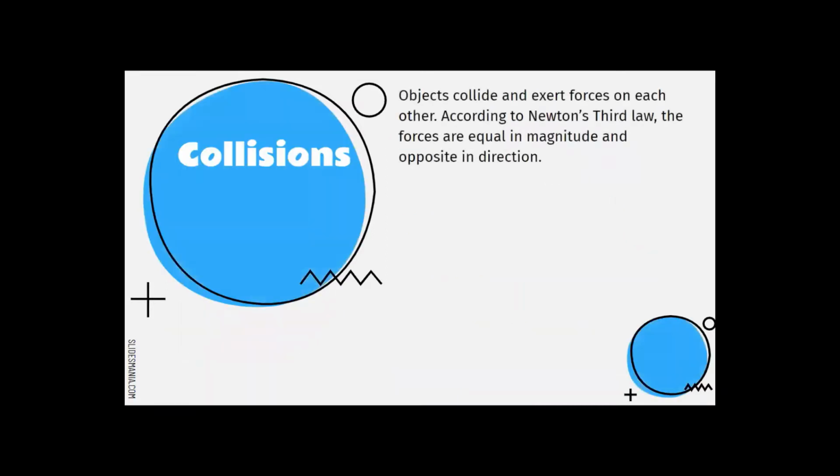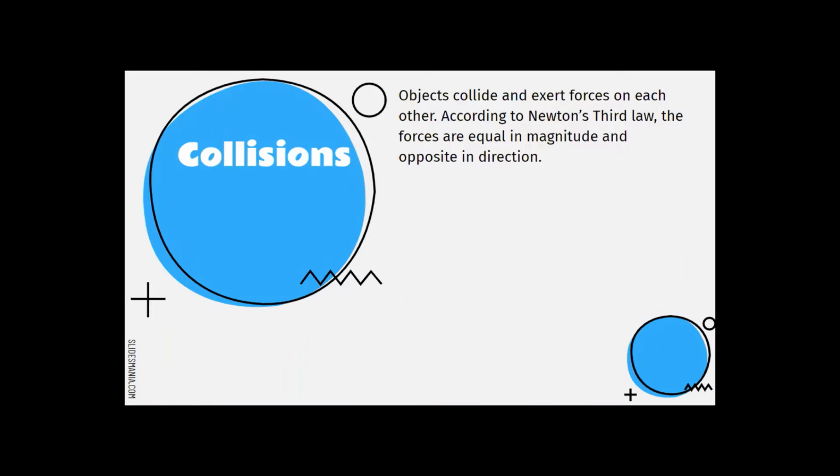Let's talk a little bit about collisions. When objects collide and exert forces on each other, so when two things collide, there is a force exerted from object 1 on object 2 and vice versa. According to Newton's third law, the forces are equal in magnitude and opposite in direction.